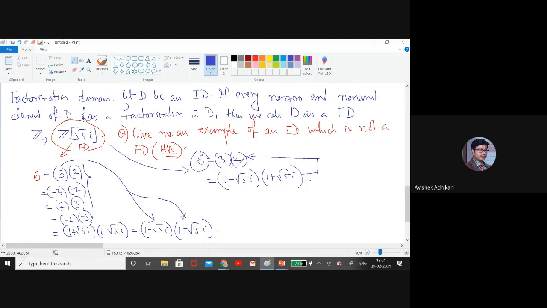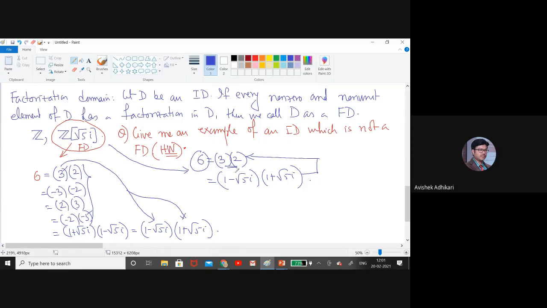So now you understand what we mean by unique. If I have this, then we call it unique. This and this may look different, but since they are associates of each other, we do not consider them to be different factorizations. But if they are not associates, then we consider these two as two different factorizations.